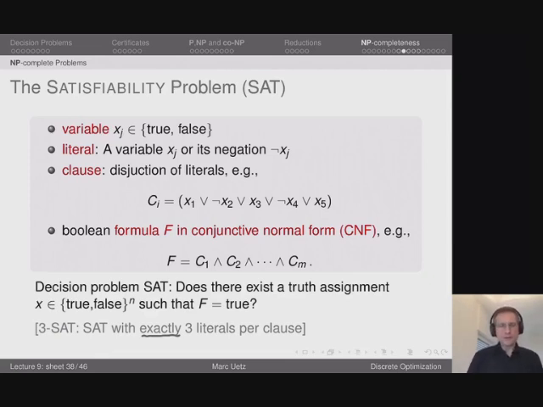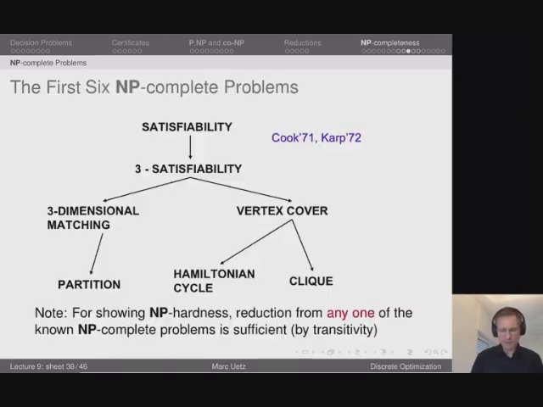And even though being a special case, the 3 satisfiability problem itself is just as mighty or as difficult as the general satisfiability problem. Because if you remember this picture, and these arrows here denote the existence of a polynomial time reduction, then the 3 satisfiability problem can be shown to be at least as difficult as the satisfiability problem, even though being a special case of the former.